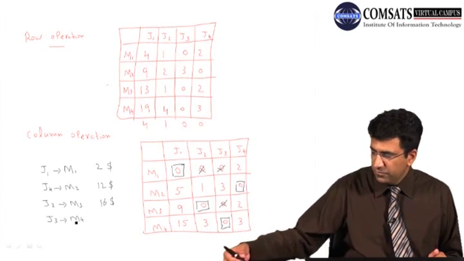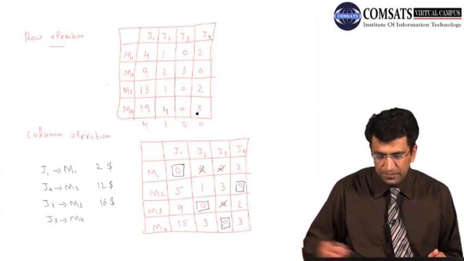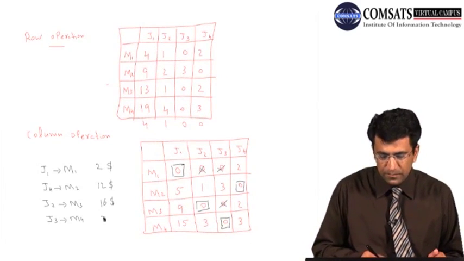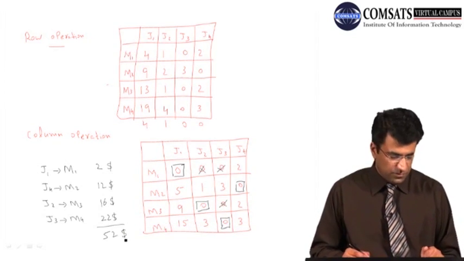And job 3 to M4, $22. So if we add up all of these values, 12 plus 2, 14 plus 16, this will become 30. 30 plus 22 will be equal to $42.